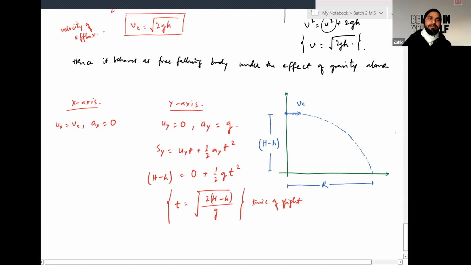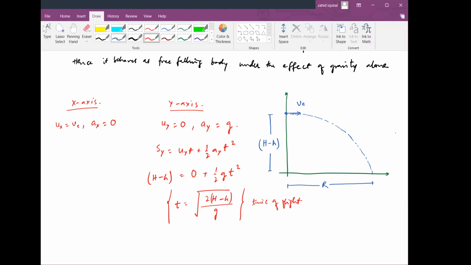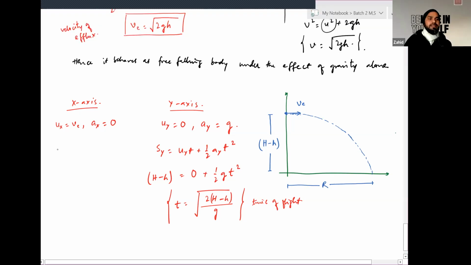Samira, is it clear? Yes, sir. Similarly, for the horizontal or x-axis, using the second equation of motion, s equals ut plus half at squared. Horizontal displacement is range. Initial velocity along that direction is VE, and time taken is the time of flight t.